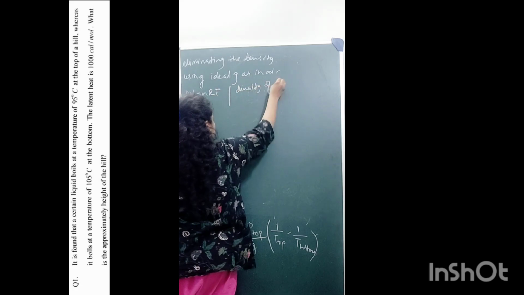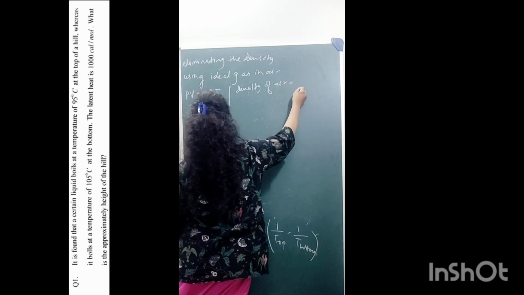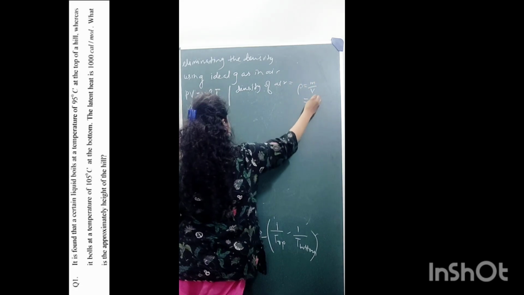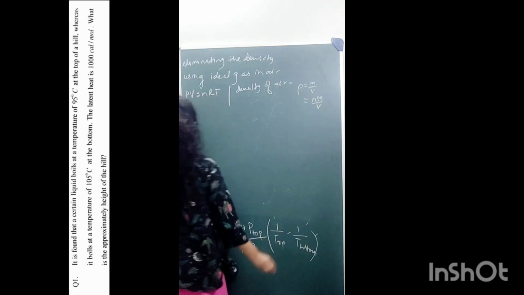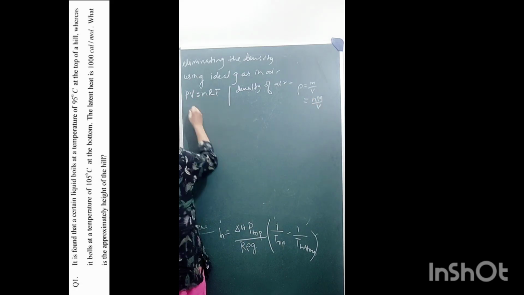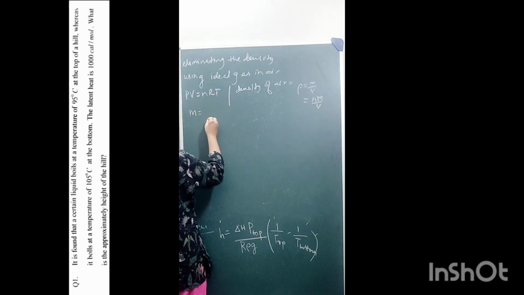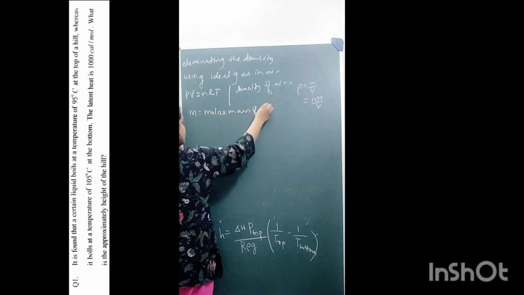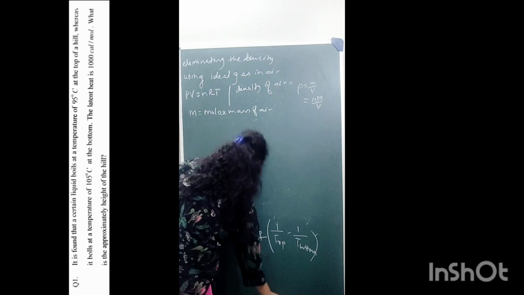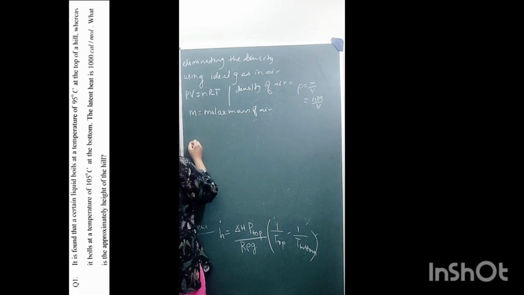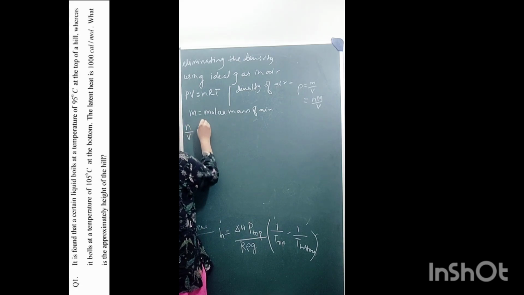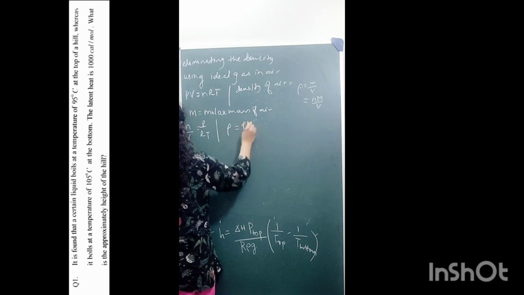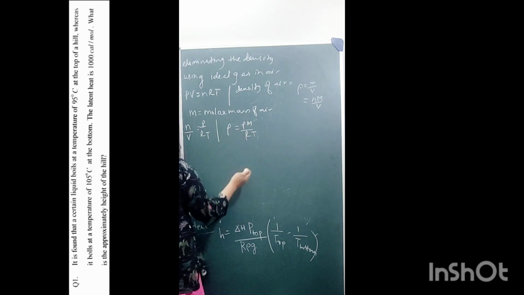Density of air is equal to rho, which is mass upon volume, and this is equal to nM upon V. If I am saying M is the molar mass of air, then I can substitute n by V is equal to P by RT. So I am obtaining rho is equal to PM by RT. Okay, this is very easy.